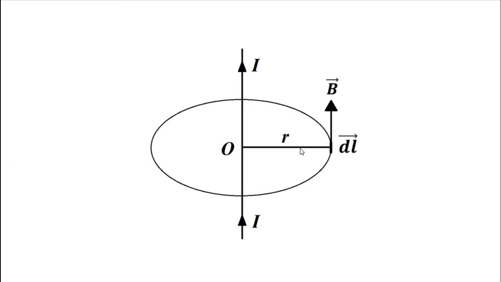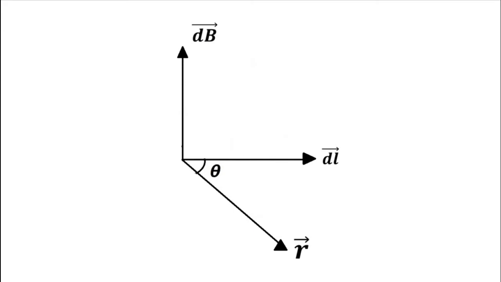Now as per the Biot-Savart Law, the magnetic flux density will be in a mutually perpendicular direction, perpendicular to the plane containing r and dl, which we have explained in Biot-Savart Law. dB vector will always be perpendicular to dl and r vector because it is in cross product form, dl vector cross r vector.